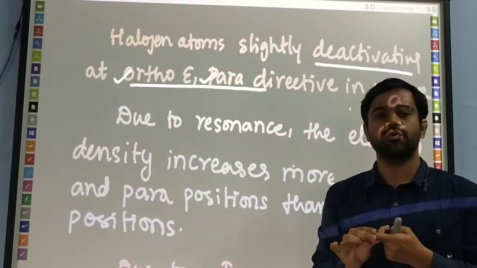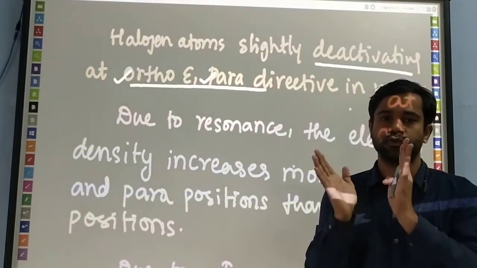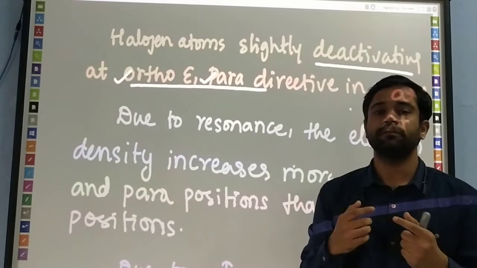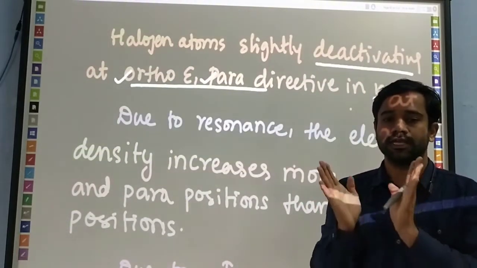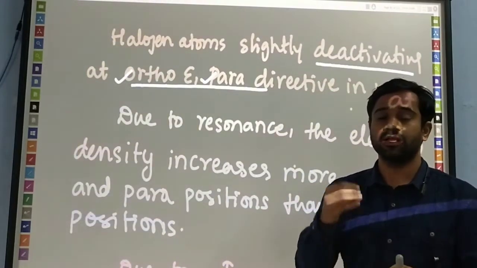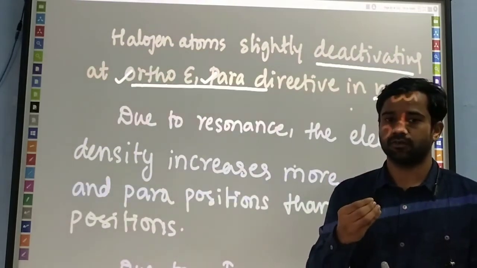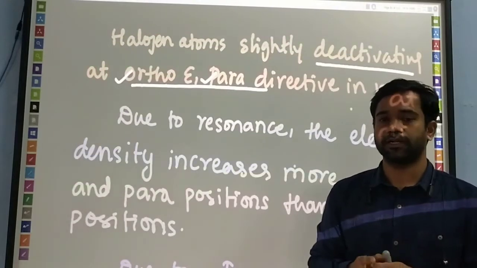The ortho position has a repulsive nature. Why? Because the halogen and the substituent at the ortho position are side by side, so there is repulsion between them. That's why the complex becomes weak, and the minor product is generated.